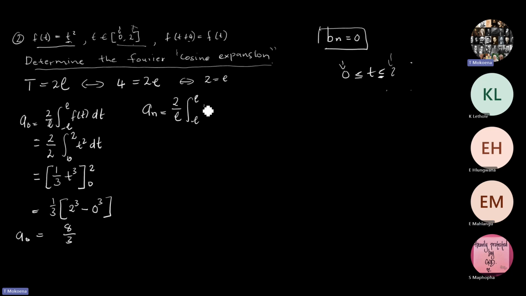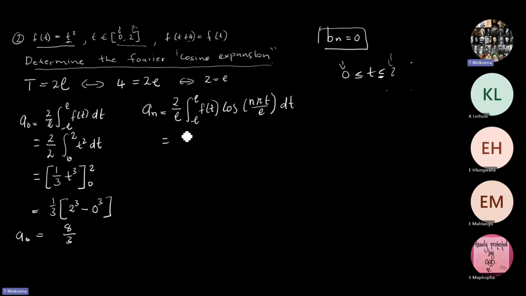It's fine because we are practicing for the exam. Remember, A sub n goes with what? Don't confuse. If you remember the Fourier expansion, you will always know that A sub n goes with cos n pi t divided by L, close the bracket, dt, because we're integrating.